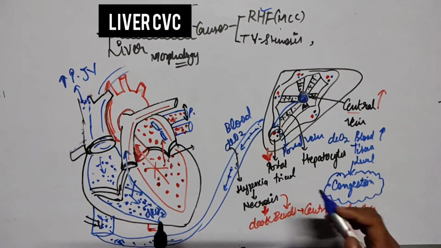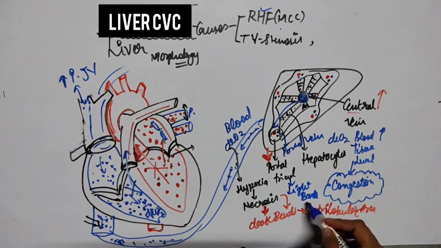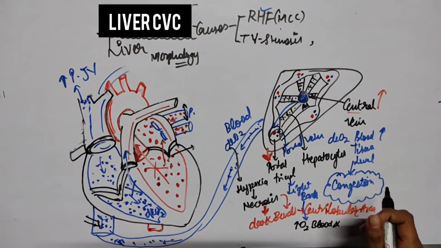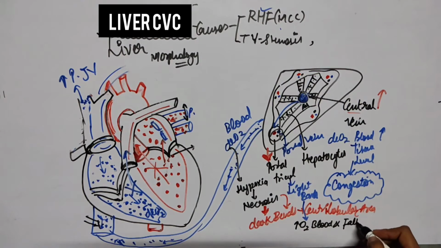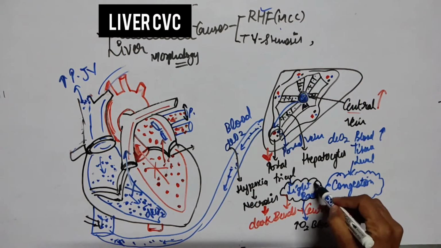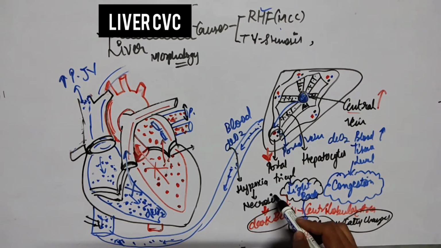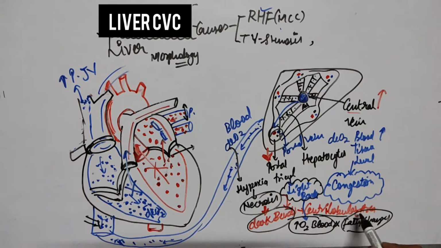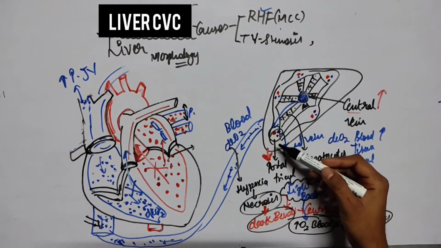So here we are going to see the light bands because of the more oxygenated blood, and in the portal region it will also show fatty changes, which will cause the formation of the light bands. So light bands occur because of the more oxygenated blood and the fatty changes, while the dark bands occur because of the necrosis. Dark bands occur at the central lobular area, while the light bands occur at the portal region, or the periportal area.